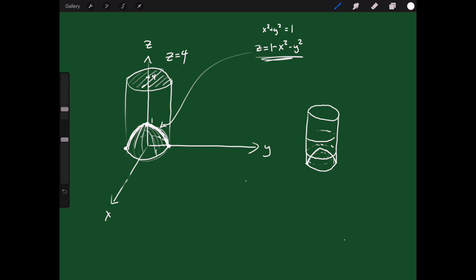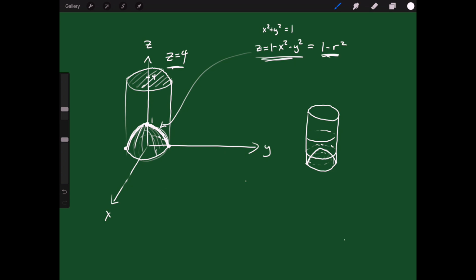Now, this bottom surface is written in rectangular, and I'd like to use cylindrical. So I'm going to convert it and write it as 1 minus r squared. So I've got a top surface and a bottom surface in cylindrical.